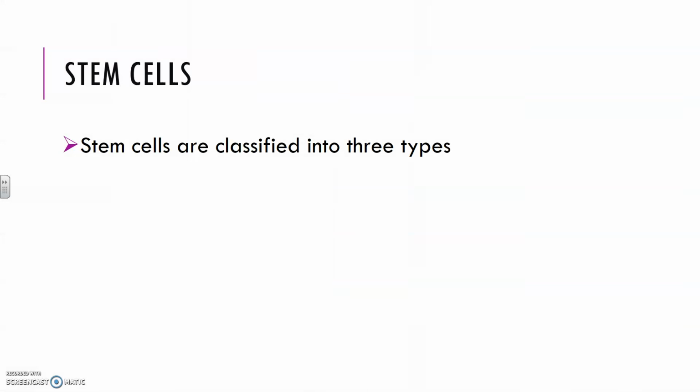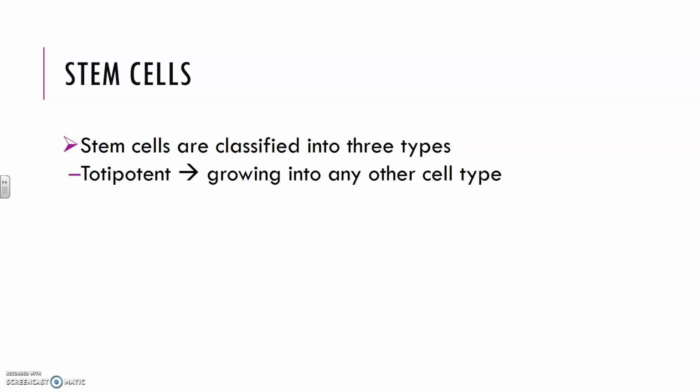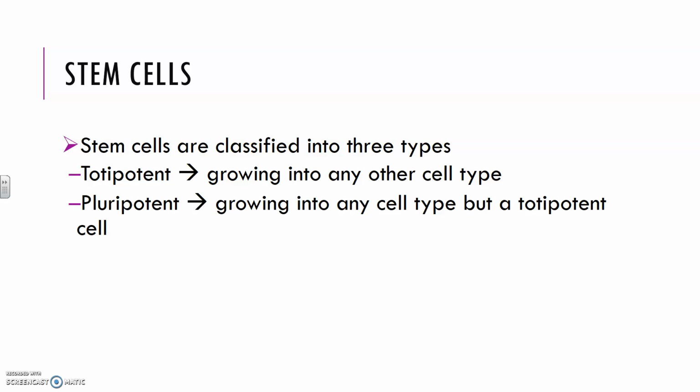So there are 3 different types of stem cells, and there are a couple very slight differences between them, but it makes sense in a little bit. So first up, you have totipotent. Totipotent cells can grow into any other cell type. Okay. Now what doesn't make a whole lot of sense at this point is that you also have pluripotent, which can grow into any other cell type except a totipotent cell.